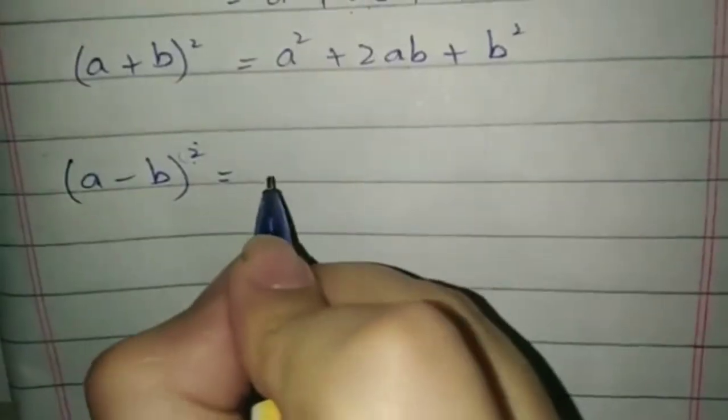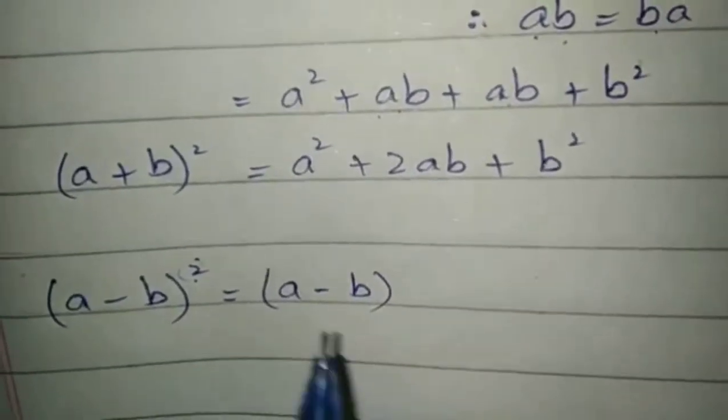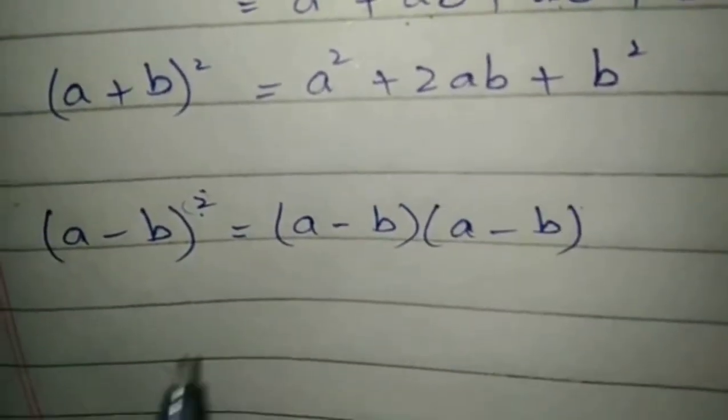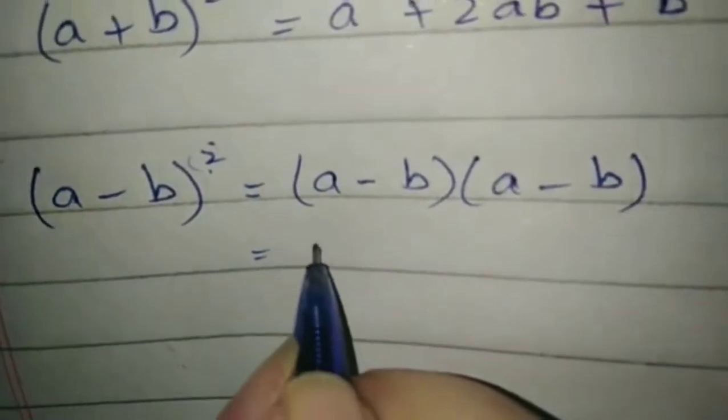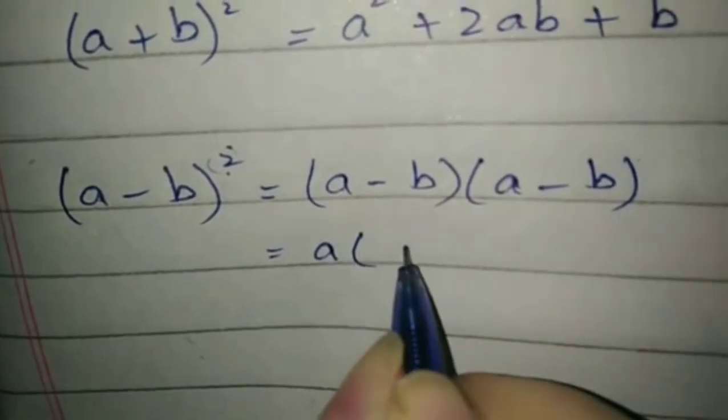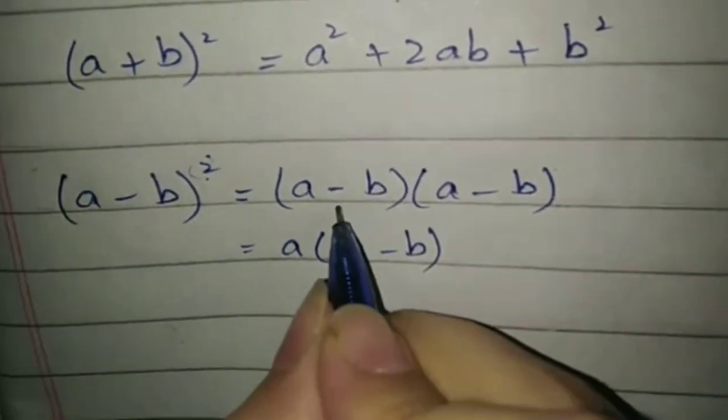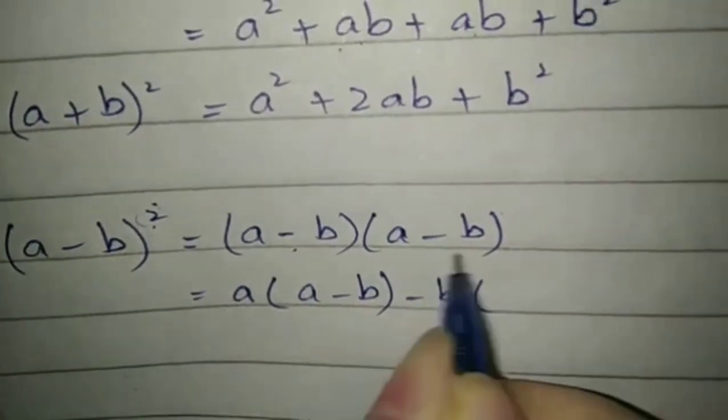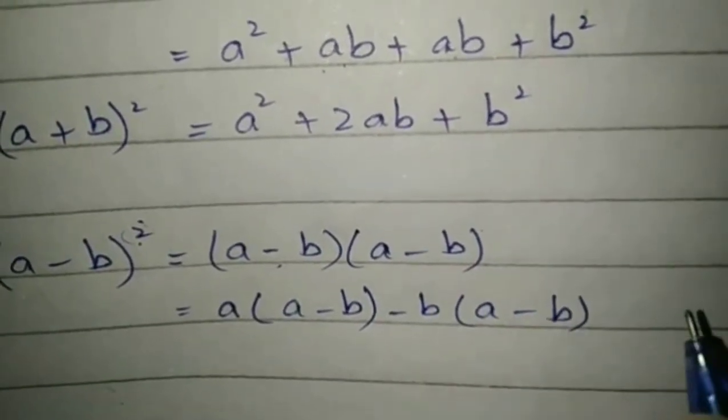So we have to write it twice: (a minus b) into (a minus b). We have to find the product: a multiplied with the whole term a minus b, minus b multiplied with the whole term a minus b.